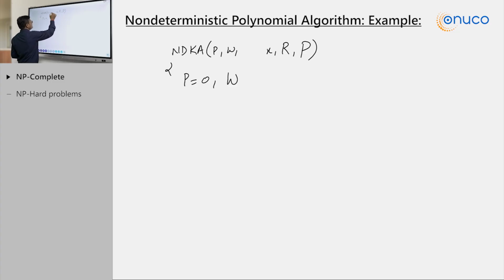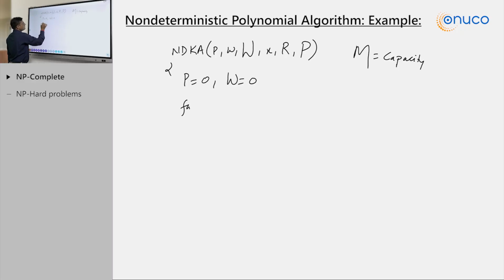Similarly, we are going to take capital W as another variable, and M is the total capacity, right? So initialization is 0.